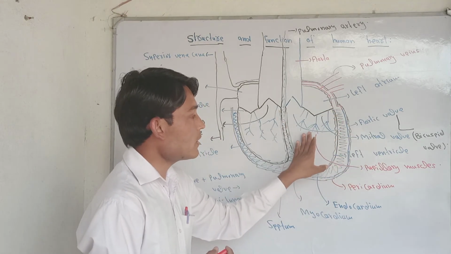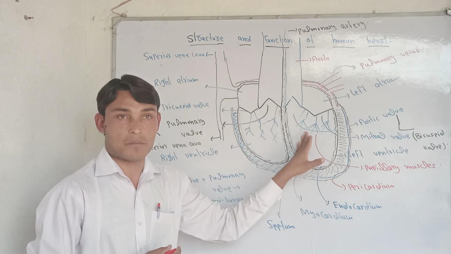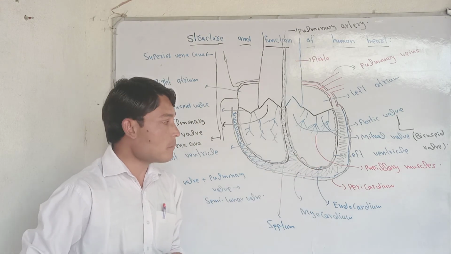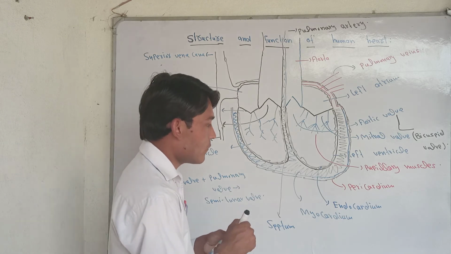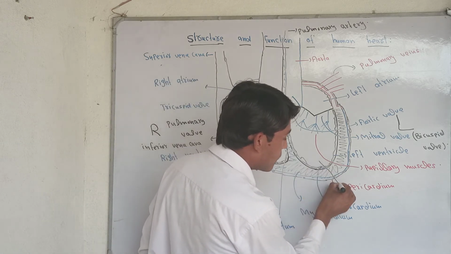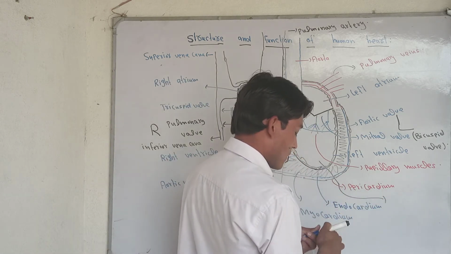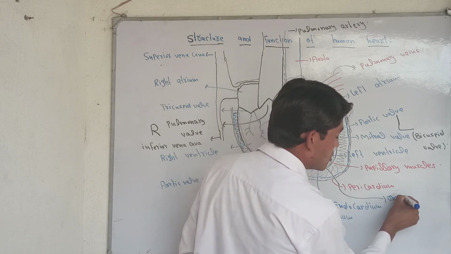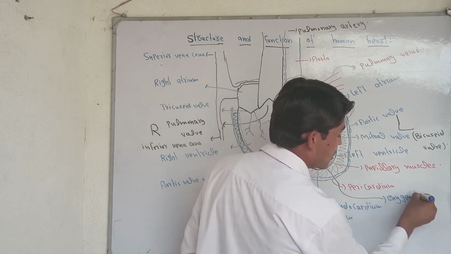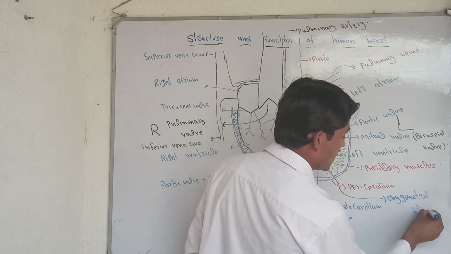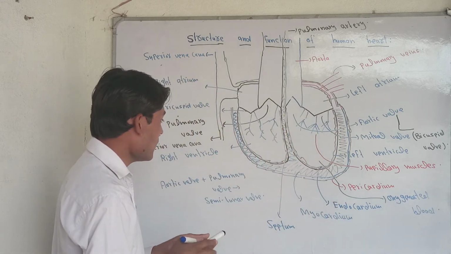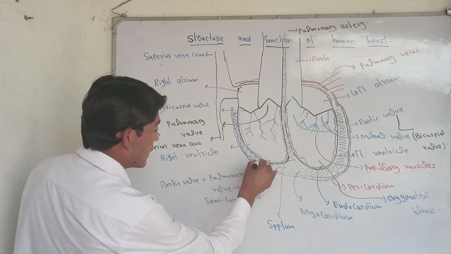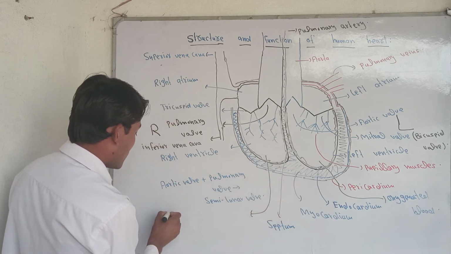And as we know, the heart is called a double pump, because on the left side we have oxygenated blood, while on the right side we have deoxygenated blood.